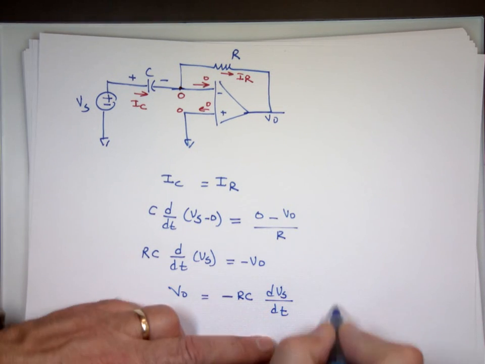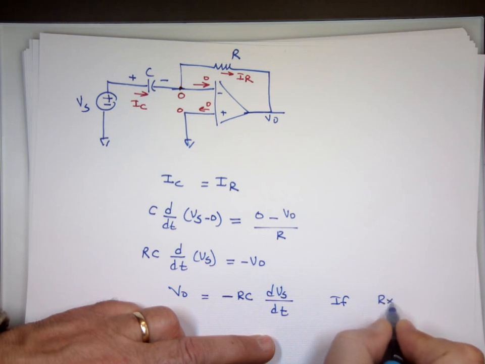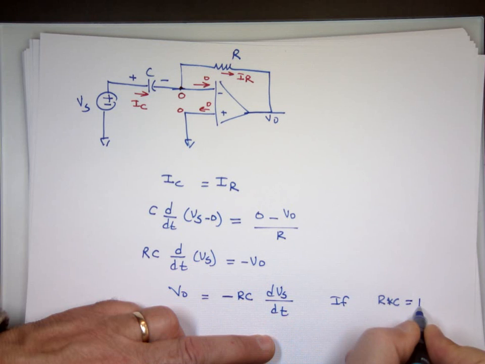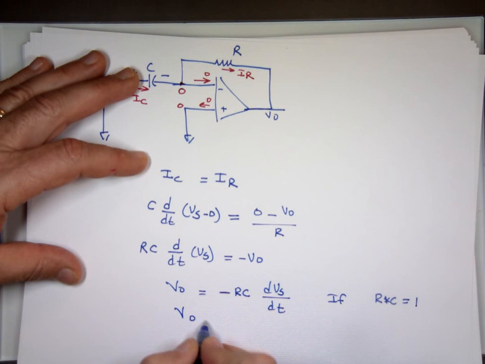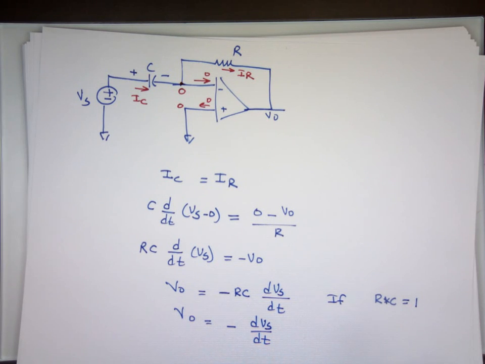Again, if we make R times C equal to 1, you have V out equals negative dVs dt. So now the function will take the derivative and flip the signal. So this is a differentiator instead of an integrator.